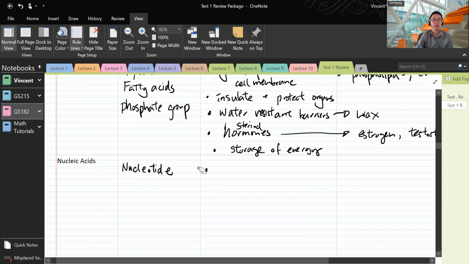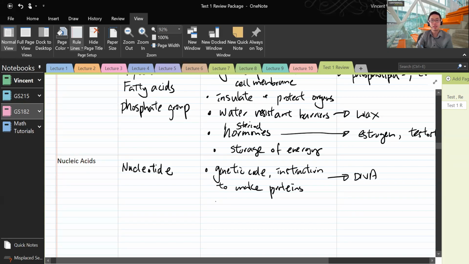Function of nucleic acids. Well, it is the genetic code, which is the instruction to make proteins, for example. So that is the function of DNA. This is the hereditary material.